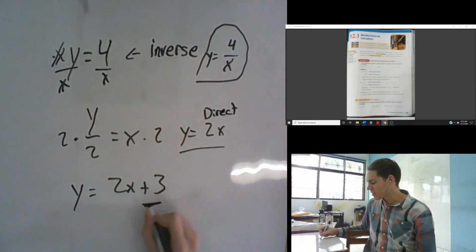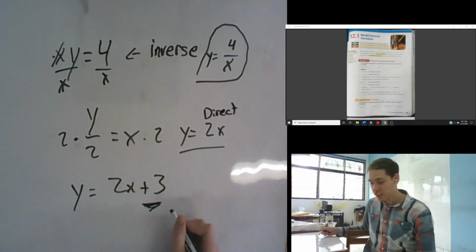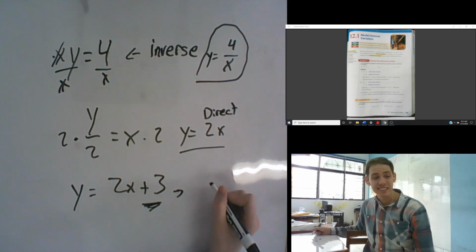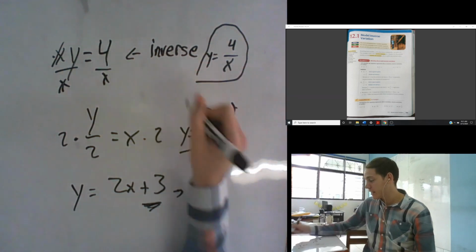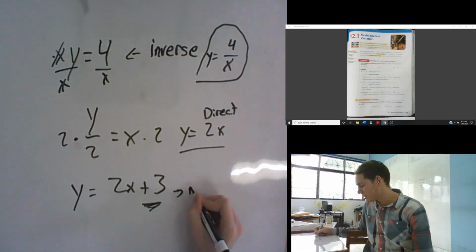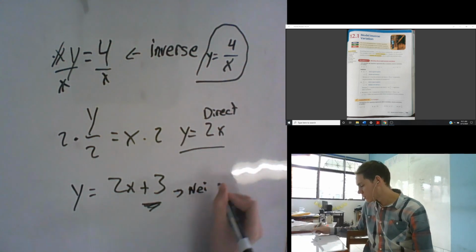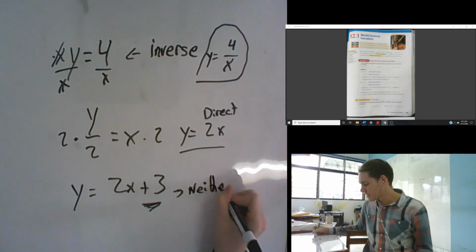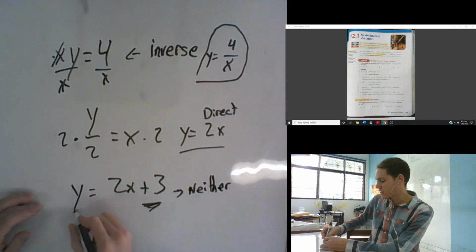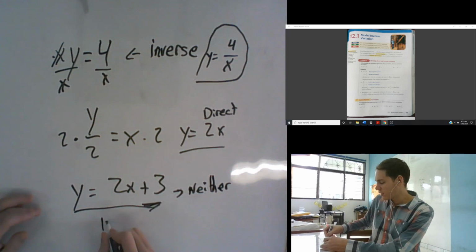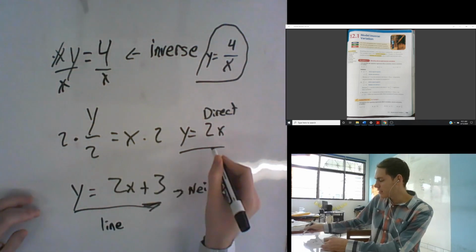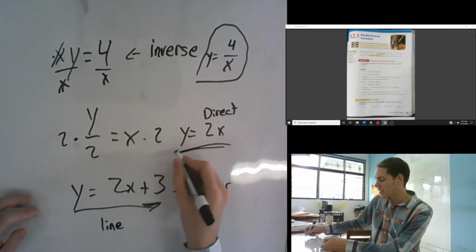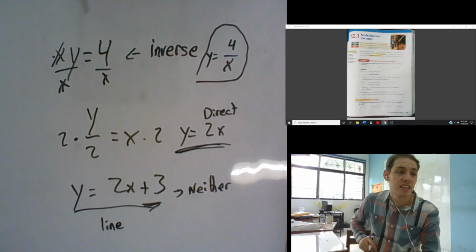Now we see this plus right here. What does plus change? Plus means this is not going to be either inverse or direct, so it's neither. Now, is this a line right here? Yes, this is a line. But direct means that there is no other thing besides y and x, and something multiplied.